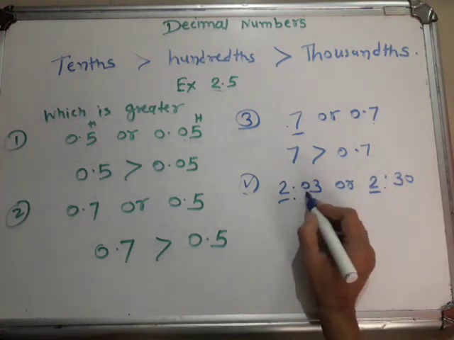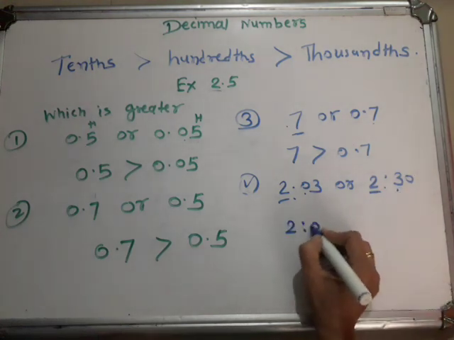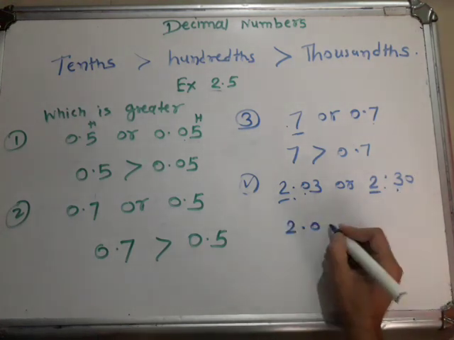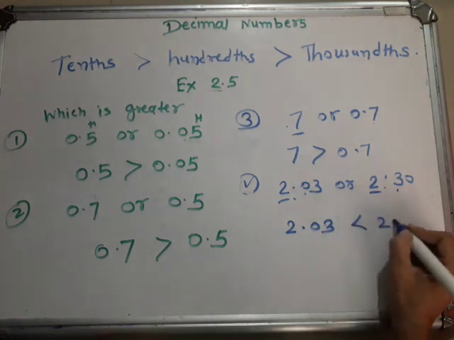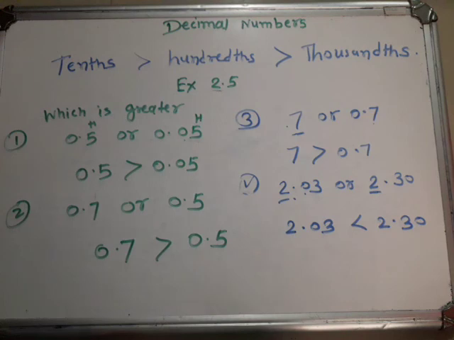After the decimal point, here the 10th place is 0 and here the 10th place is 3. So which is the greater number here? So 2.30 is greater than 2.03. Okay, so in this way you have to complete question number 1 in your notebook.